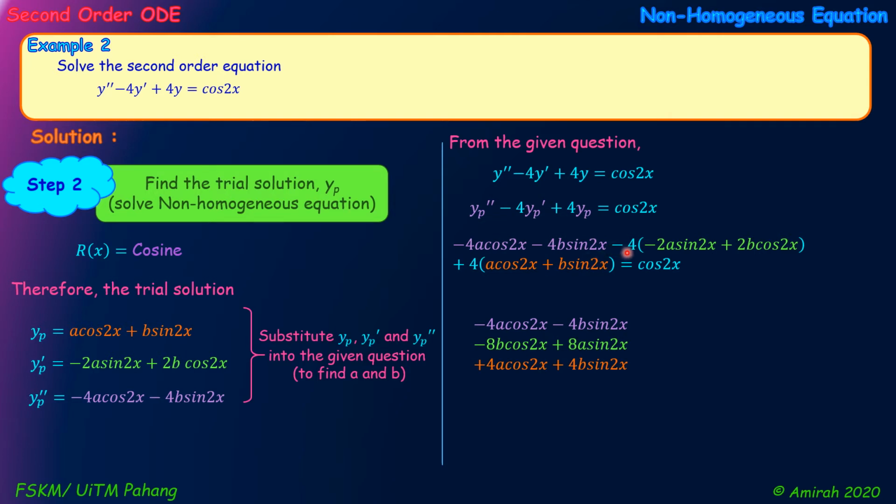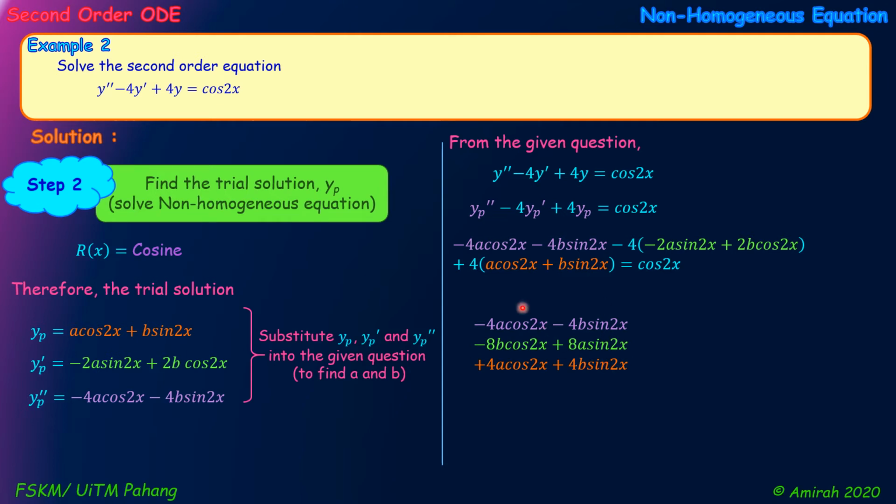And then negative 4 times 2b, we get negative 8b cos 2x. But we arrange based on the same coefficient, so it's easy to simplify. And then plus 4a cos 2x here. And then plus 4 times b sine 2x, so we get positive 4b sine 2x here.